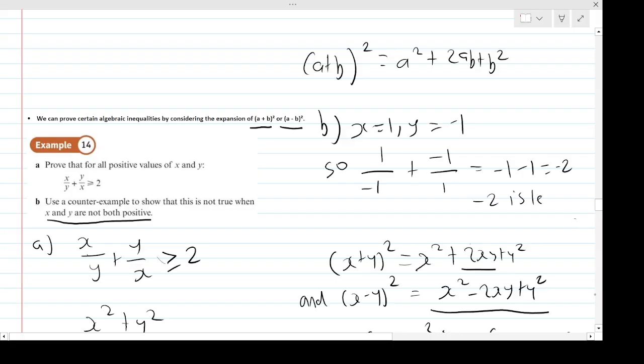Now, minus 2 is less than 2, right? But hang on, this expression, the x over y plus y over x, has to be at least 2, right? That's the inequality. But here, we've got less than 2. So therefore, the statement is not true, right? Because we found a counterexample when x is 1, y is negative 1.